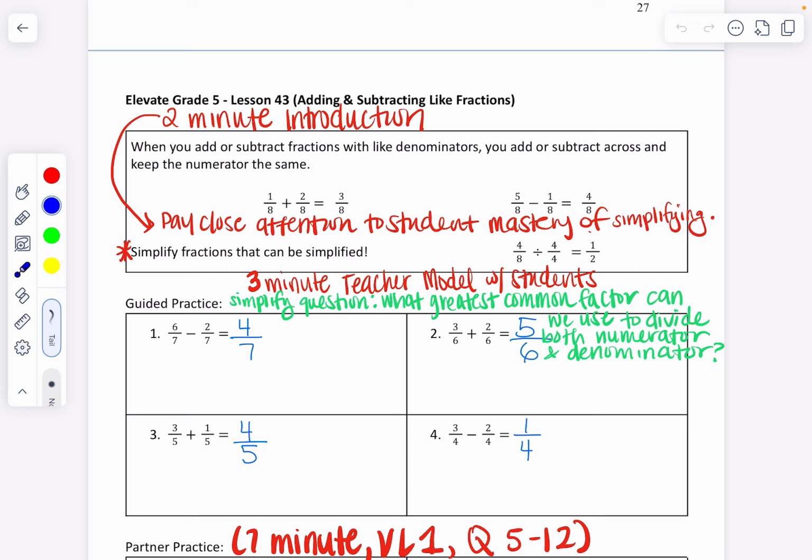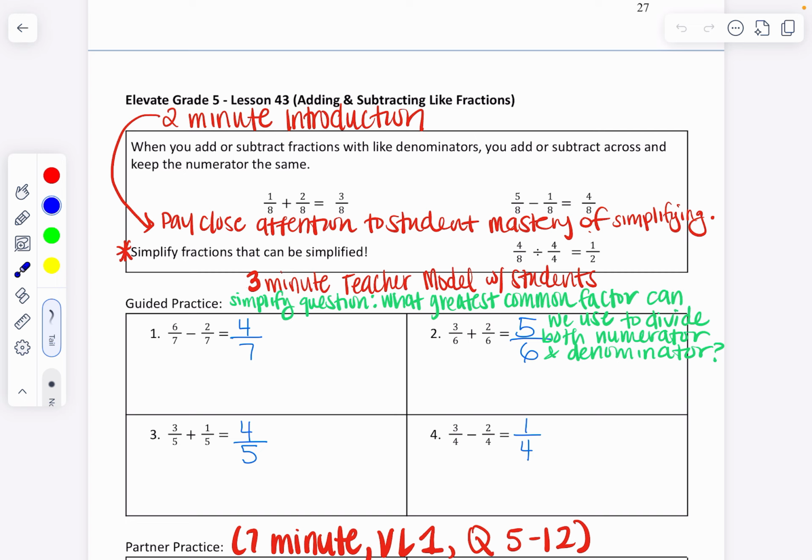So students will say in the first example, yes, it is simplified because there's no factor that can go into 3 or 8.